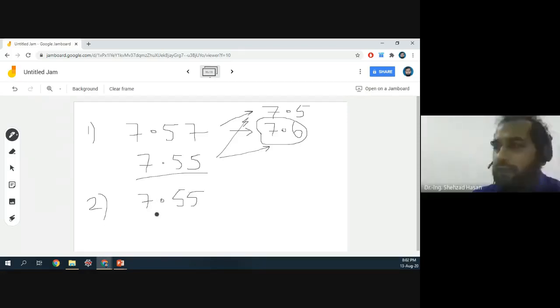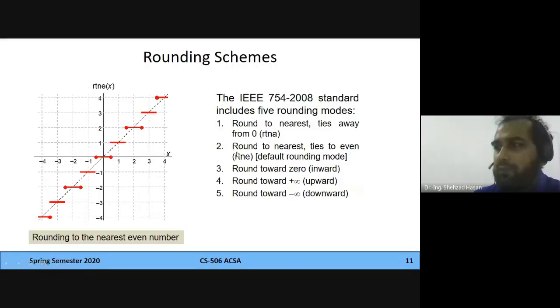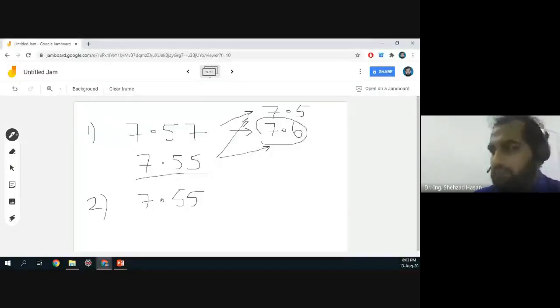Okay, so let's come to the second option, which is round to nearest ties to even. Round to nearest and ties to even, that's the default. That's also explained over here as well. When you're talking about round to nearest and ties to even, the main thing is that if there is a tie, then you go for the nearest even number, right?